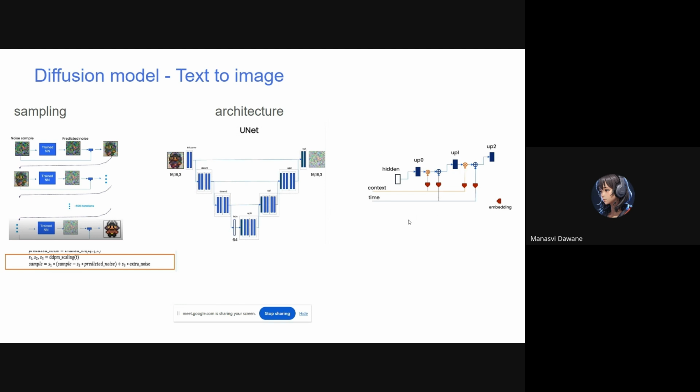This context embedding is multiplied, whereas the time embedding is added. Now, what is time embedding? It tells the model what the timestamp is and what kind of noise level we need. There are different timestamps, T1, T2, T3, of the images, so the time embedding tells the model which timestamp we are on and what level of noise each timestamp needs.